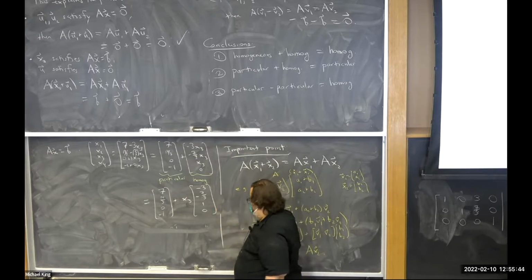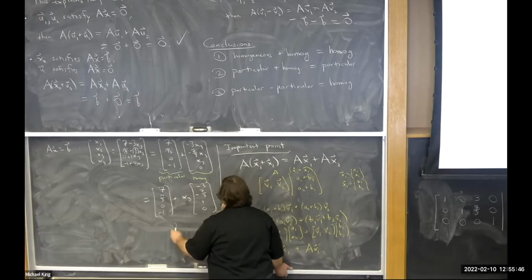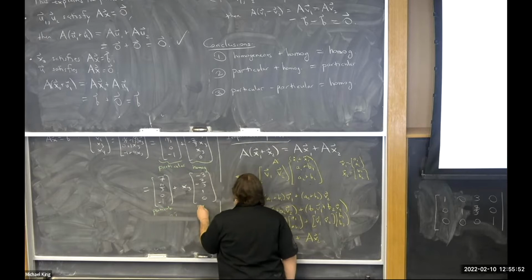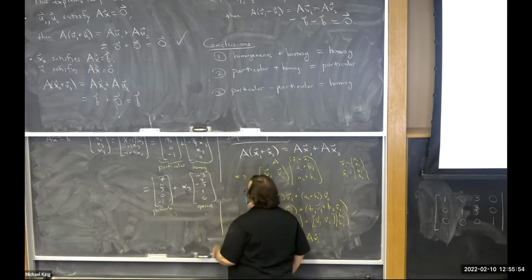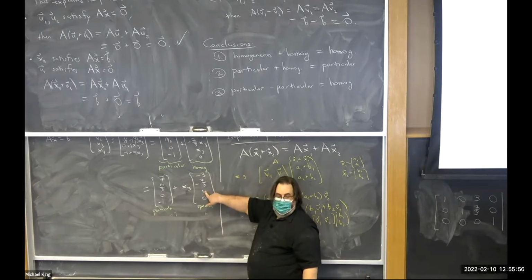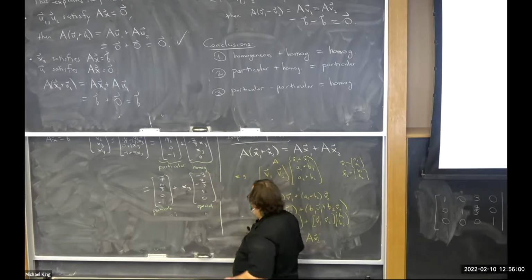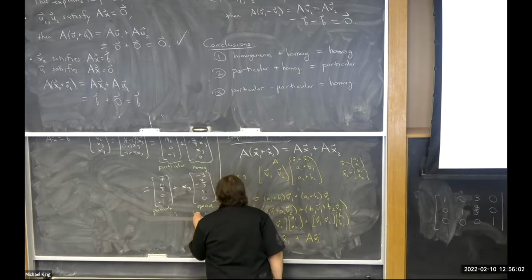But this is like a particular solution. This is still particular. And this is like a special homogeneous solution, right? I think when you set the free variable equal to 1, you got this for the homogeneous solution, right? So this is a special homogeneous solution.